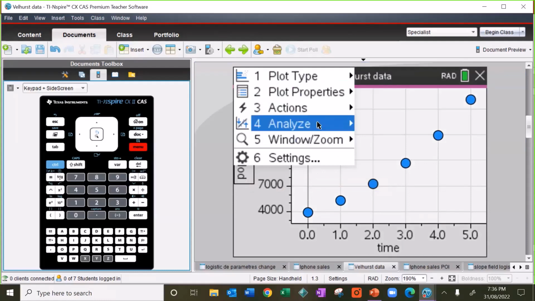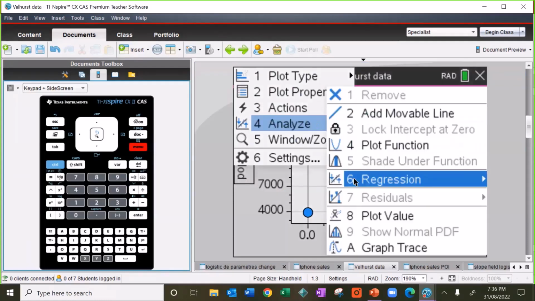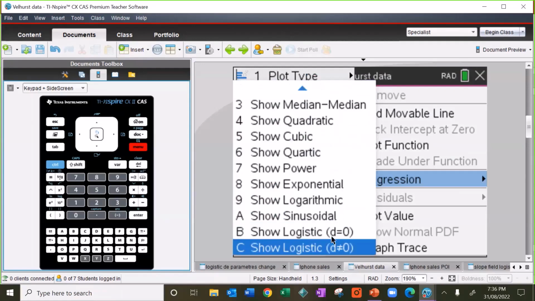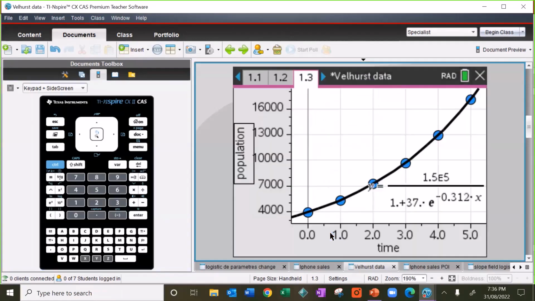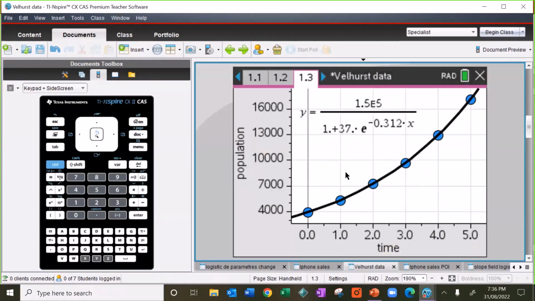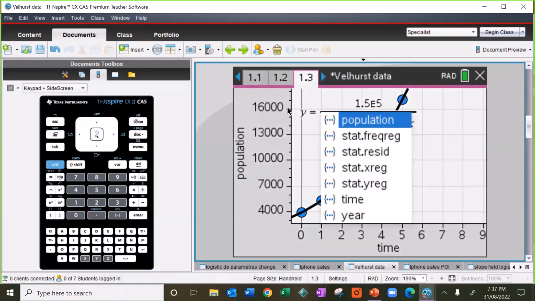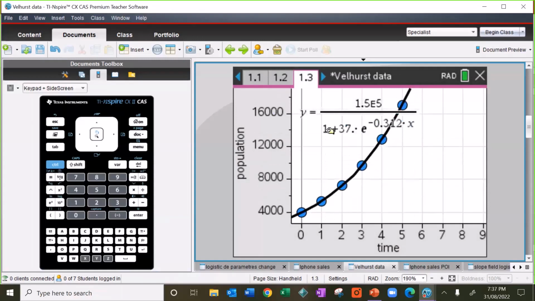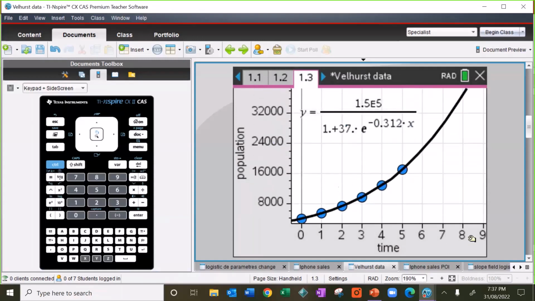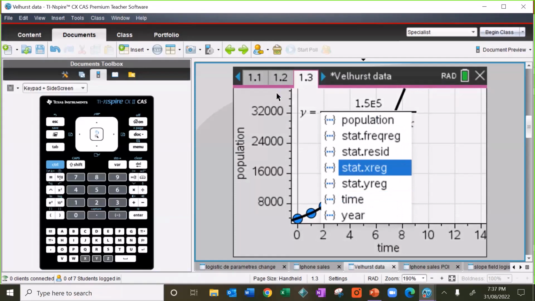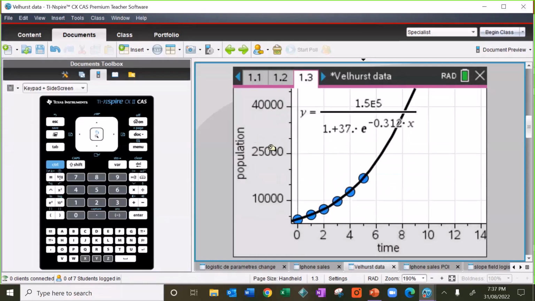Let's try to find the regression. So we go Analyze, Regression, and we scroll down, we can see Show Logistic, D equals 0. When we do this, we can see this is the typical logistic equation with Euler's number. So let's see what happens if we try to change the data a bit and extend the time and extend the values.